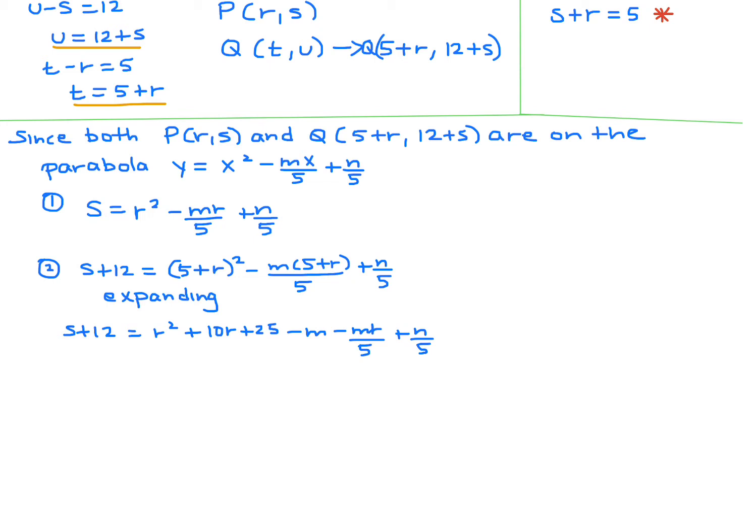And then what we do now is subtract equation 1 from equation 2 and simplify. And when you collect like terms, you will get just 12 is equal to 10R plus 25 minus M. Simplifying and isolating for R, you get (M minus 13) over 10 is equal to R. So this is my next helpful piece of information.